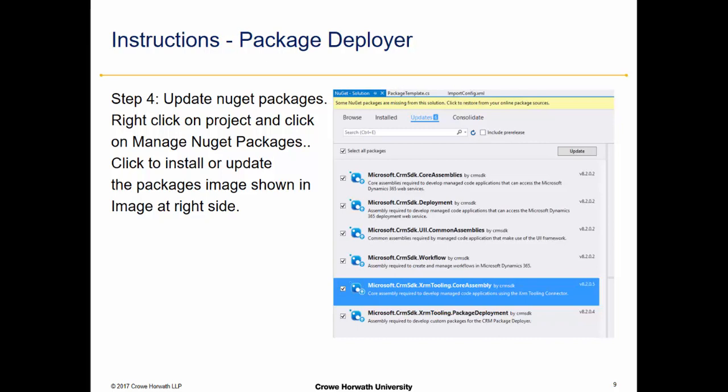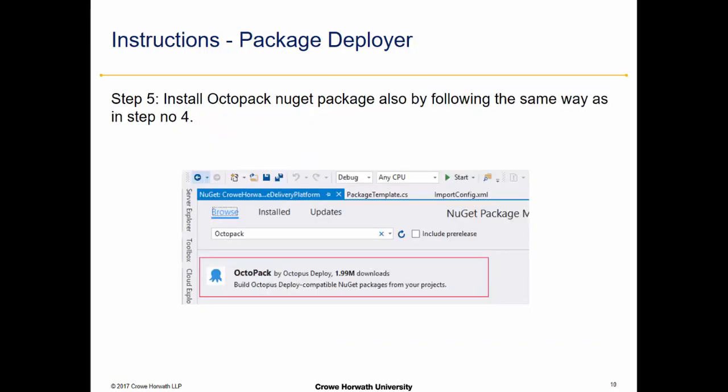Once that is updated, you need to go on browse and find one more NuGet package called Octopack, that is required to create an Octopack from the bin folder to push onto Octopus. This is a very required component, the NuGet package to push everything onto Octopus.